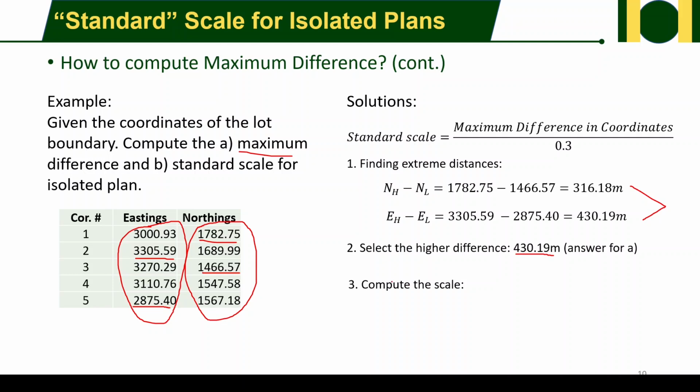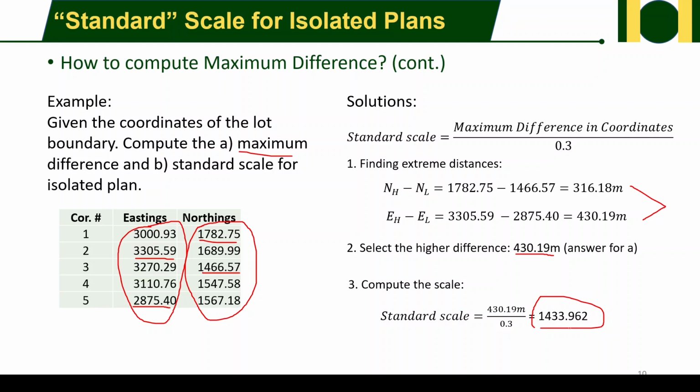Next, we have to compute the scale. Scale is equal to the maximum difference divided by 0.3. Substituting, our maximum difference is 430.19 divided by 0.3. We get this value, 1433.962.